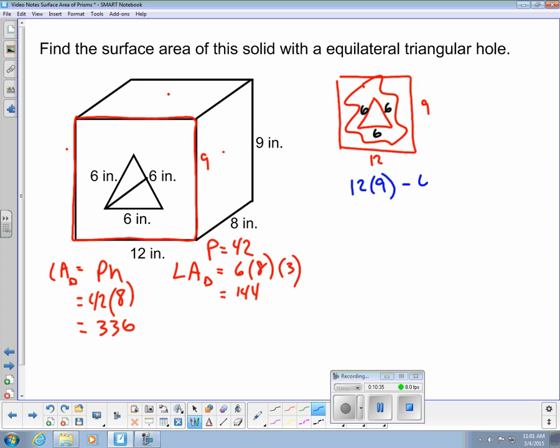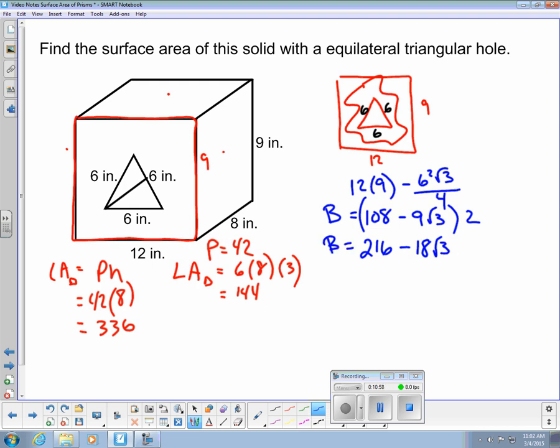So 6 squared square root of 3 over 4. So 12 times 9 is 108 minus 9 square root of 3. This is the base. Now how many are there? There are 2. So I get 216 minus 18 square root of 3.